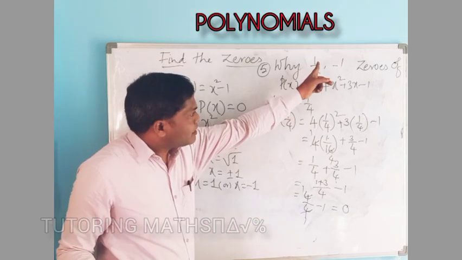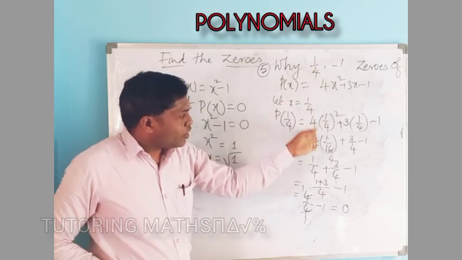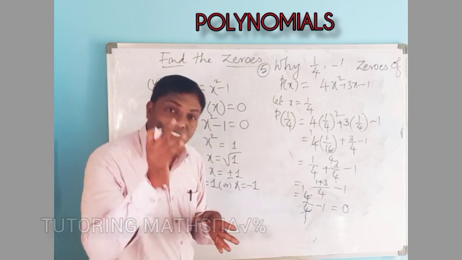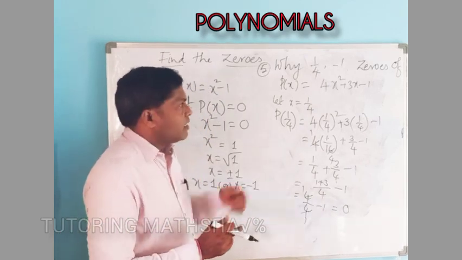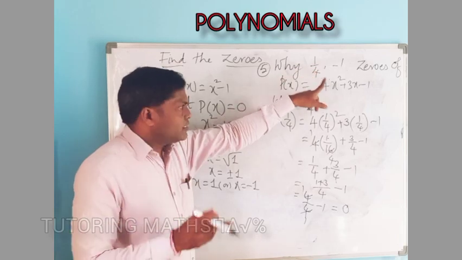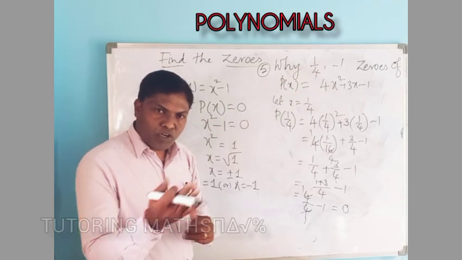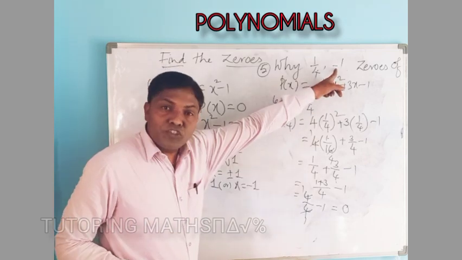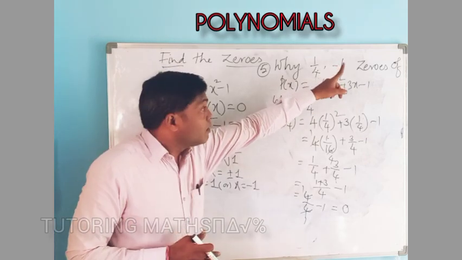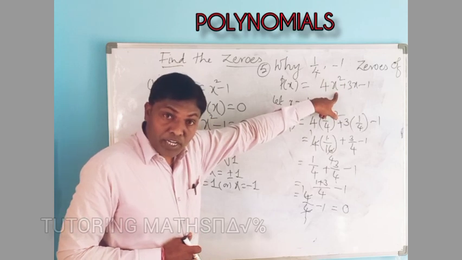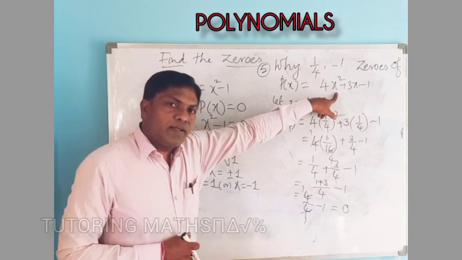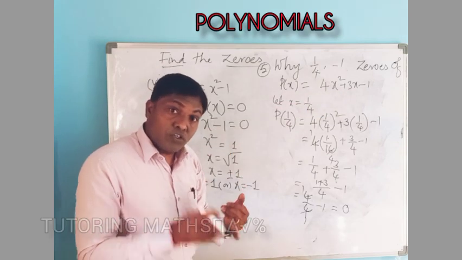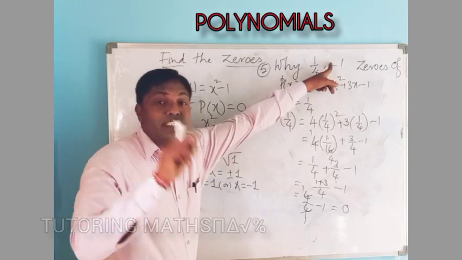Yes, we have substituted 1 by 4 in this polynomial, and the result is 0. It means you can say that this 1 by 4 is a zero of this polynomial because the result is 0. In the same manner, you substitute minus 1 in this polynomial. Surely the result will be equal to 0. If the result is 0, you can say that minus 1 also is a zero.